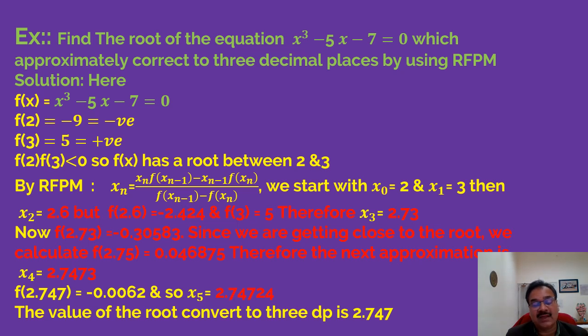Okay, so x5 you can declare is 2.74724. Okay, so it is just to check. This says x4 and x5 almost 3 positions are converging. It means the value of the root correct to 3 decimal places is 2.747. So this is the methodology of the regular false position method, how you calculate the root by adopting all the computational procedure of the method.